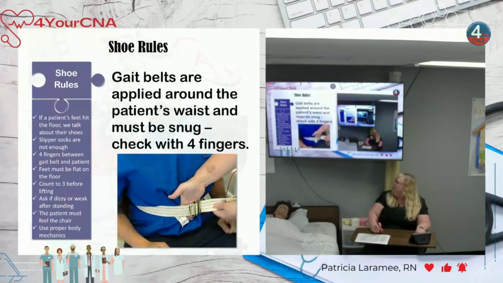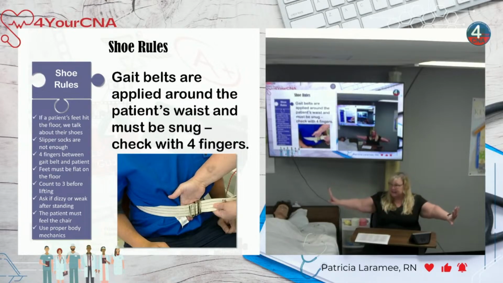We already know that. We're going to put a gait belt on around their waist. It should be snug, 4 fingers. They're going to put their hands on your shoulders. You're going to grab the back of the gait belt, and you're going to lift just like we did. That same stance, 1 foot in front, 1 foot beside. All of that is exactly the same.